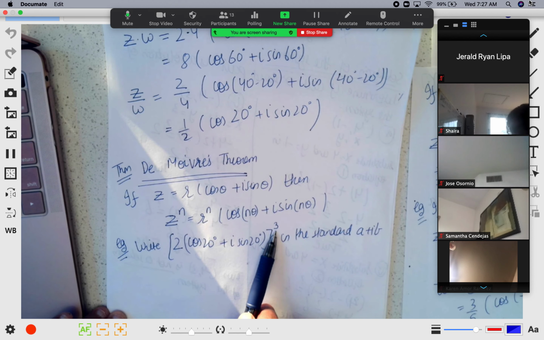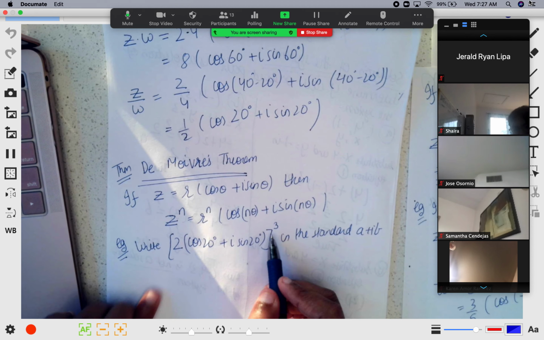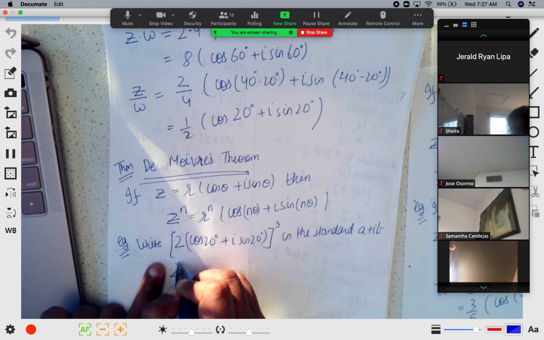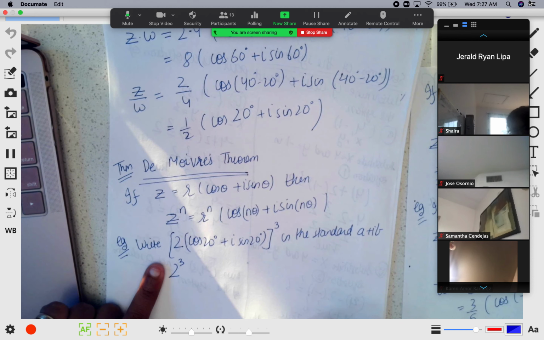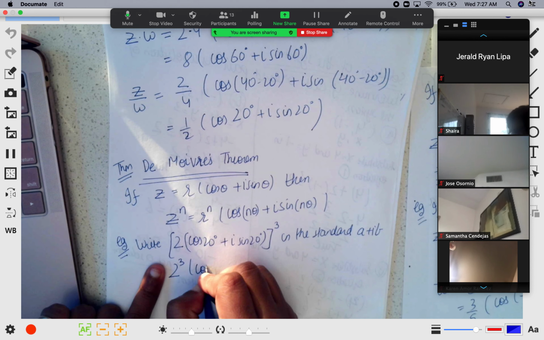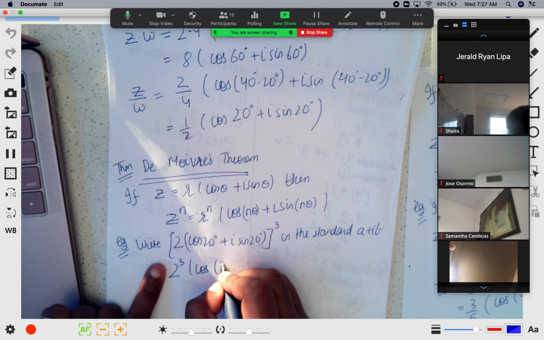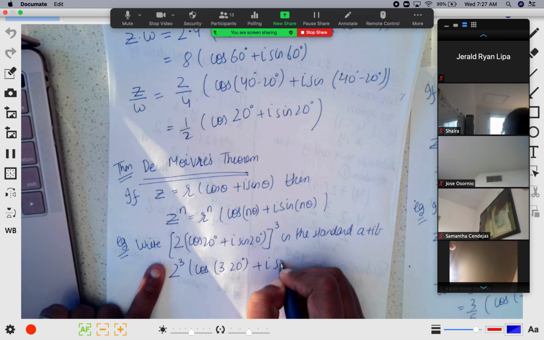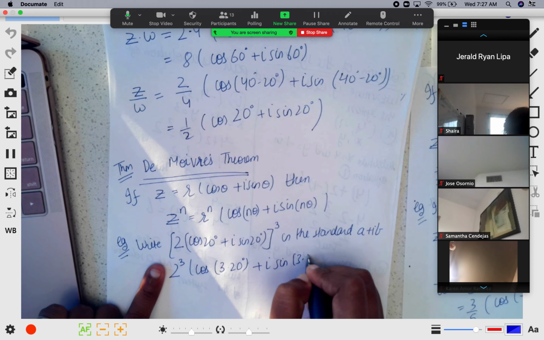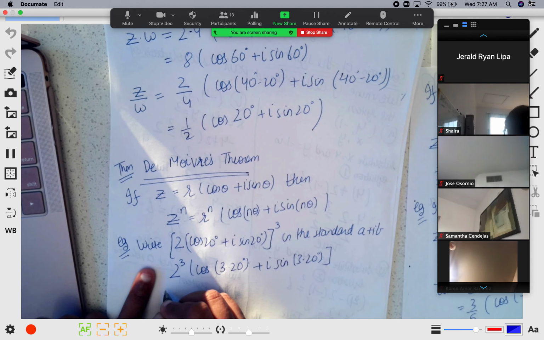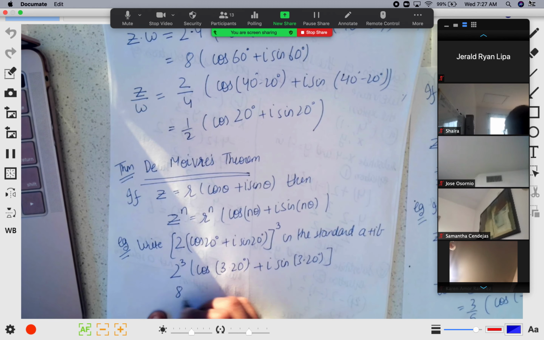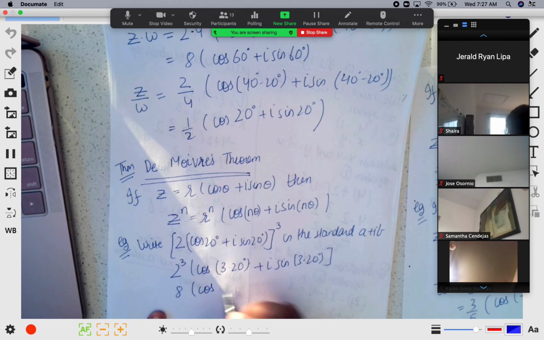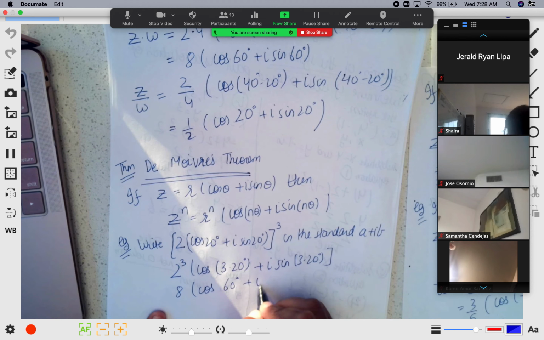You will not just distribute 3 like this and multiply. No. When you raise to power 3, it will become 2 to the power of 3, but you have to multiply this 3 with 20 here. So it becomes cosine 3 times 20 degrees plus I sine 3 times 20 degrees. And when you solve, it becomes basically 8 cosine 60 degrees plus I sine 60 degrees.